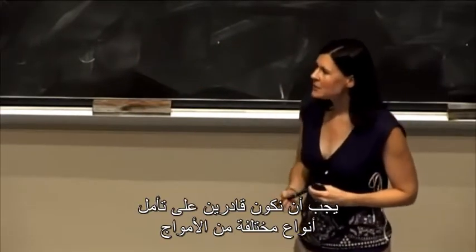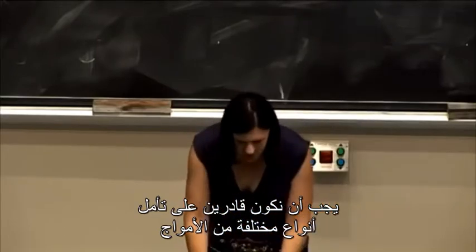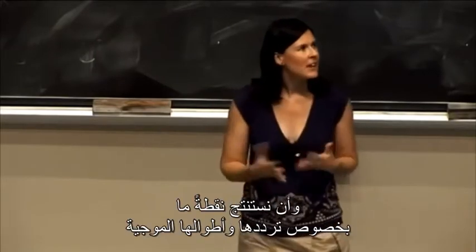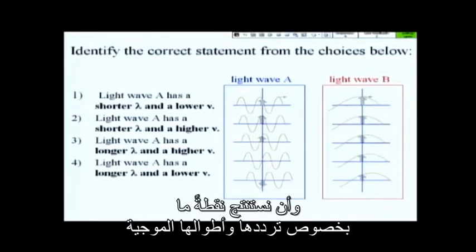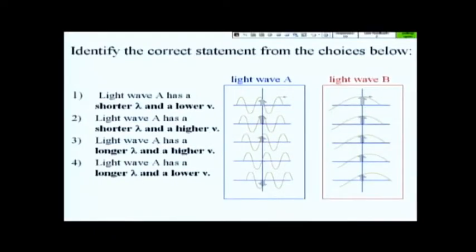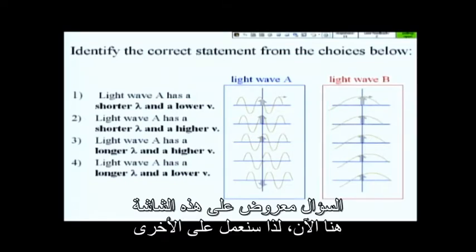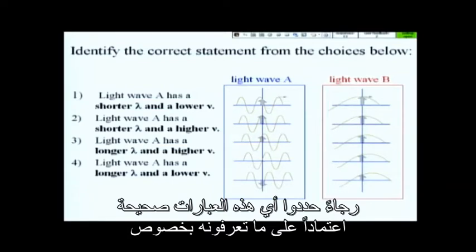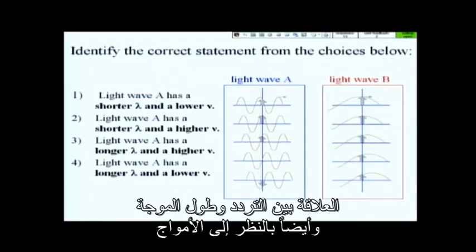So we should be able to look at different types of waves and be able to figure out something about both their frequency and their wavelength and know the relationship between the two. So it's up on this screen here now. If you can identify which of these statements is correct based on what you know about the relationship between frequency and wavelength, and also just looking at the waves.